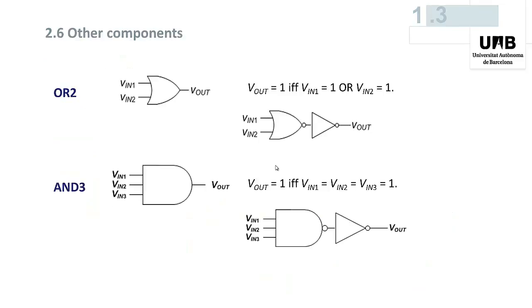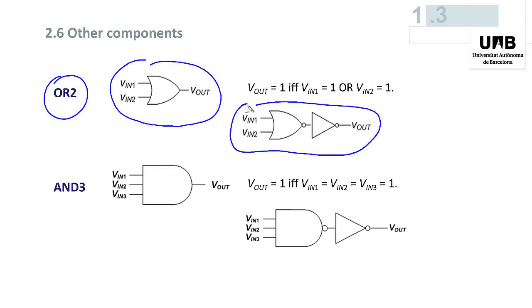Other components are the OR2 gate, whose output is equal to 1 if and only if one of its inputs is equal to 1. This is the symbol, and you can check that it's equivalent to this small circuit, an OR gate with an inverter at its output.